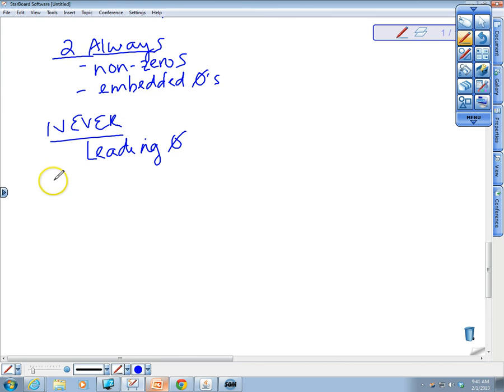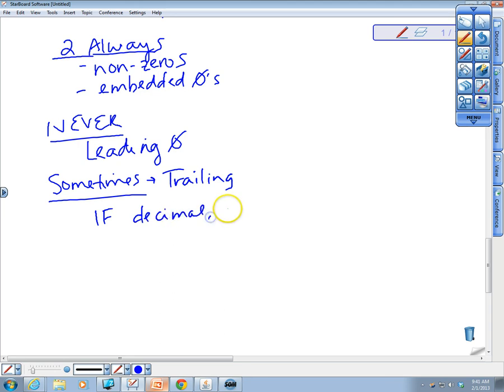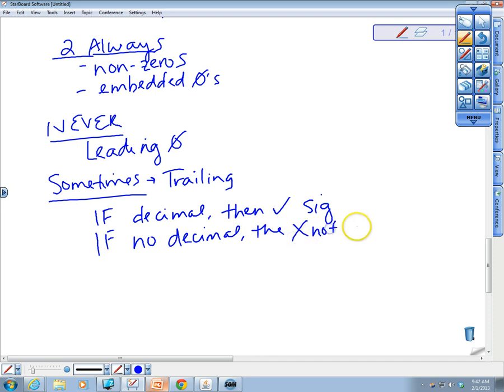And there's one thing that's a sometimes: trailing zeros can be significant. If there's a decimal, then yes, it's significant. If there's no decimal, then no, it's not significant. Okay?